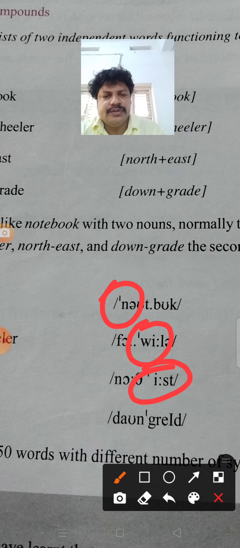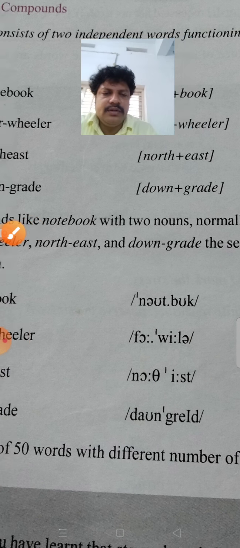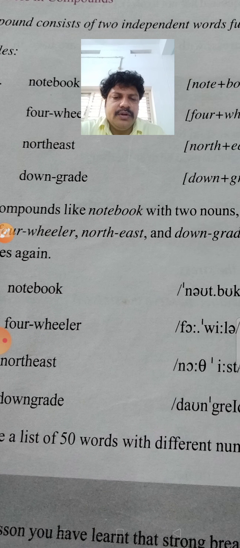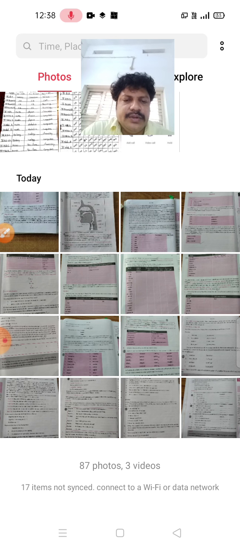Some compounds take the first syllable: notebook, four-wheeler. In northeast, the stress is on east. So four-wheeler, notebook, downgrade: these are all different types of syllables.